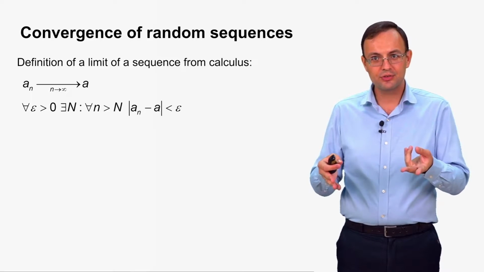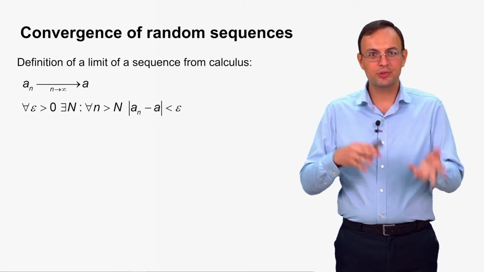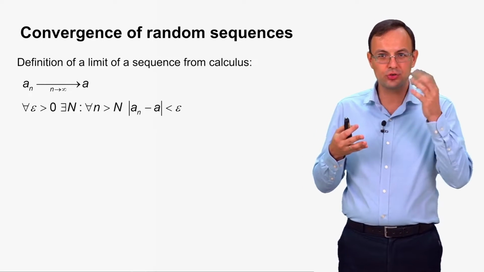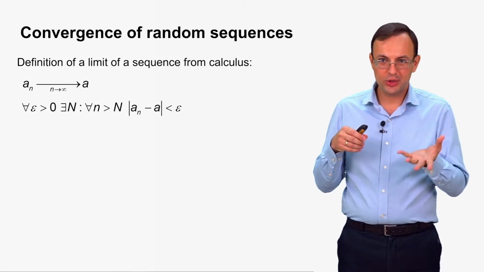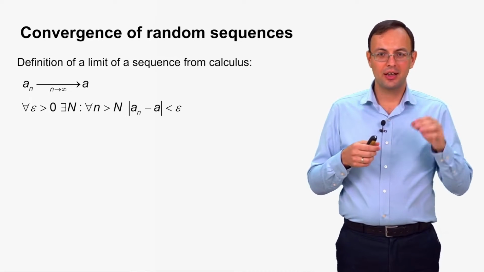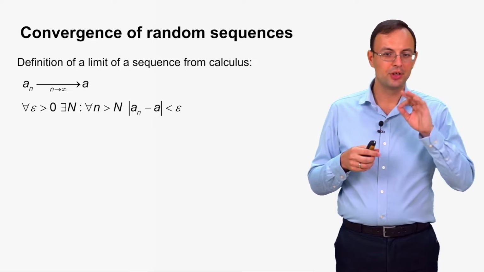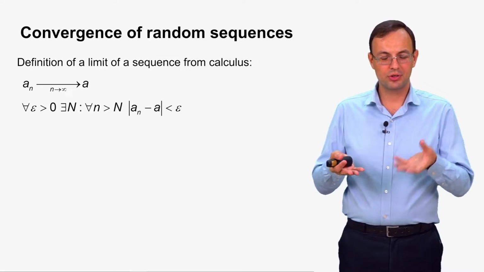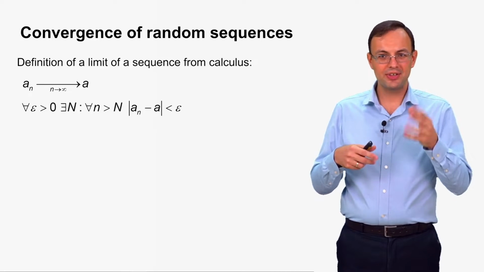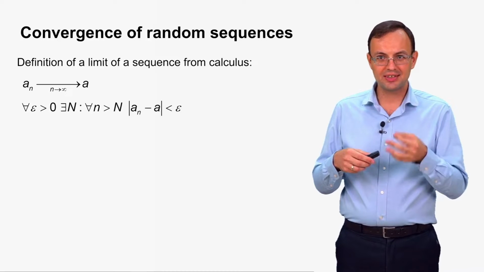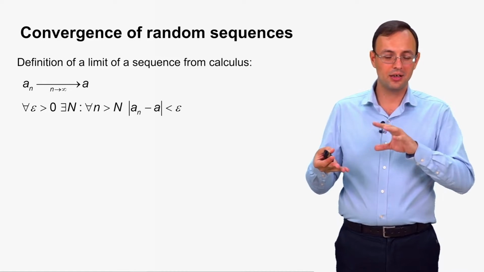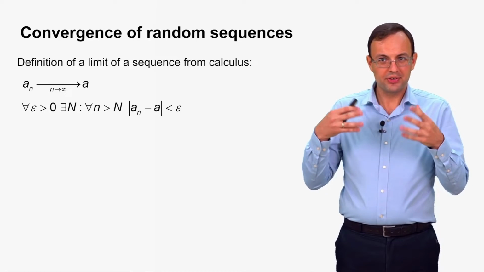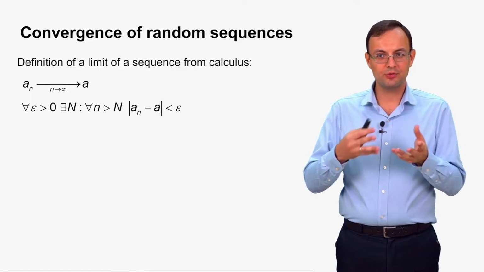And for some values, this inequality is true, but for some it is false. So we cannot say, for example, let's consider element number 276 of our sequence, and answer whether this element differs from the limit by less than the epsilon we have chosen, or more.